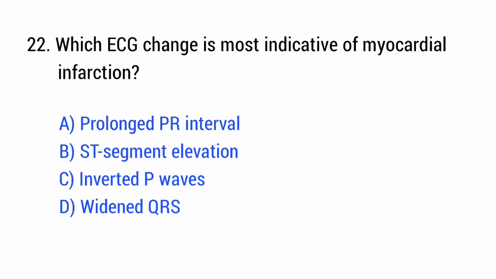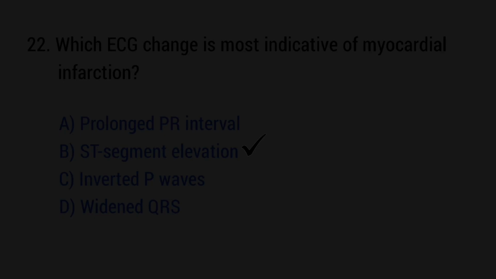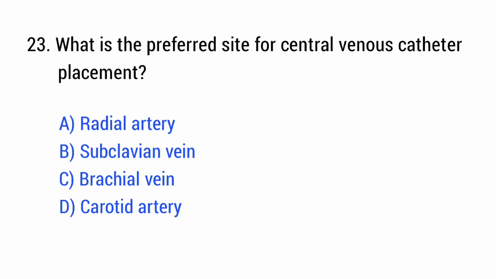The right answer is option B, ST segment elevation. Question number 23. What is the preferred site for central venous catheter placement? The right answer is option B, subclavian vein.